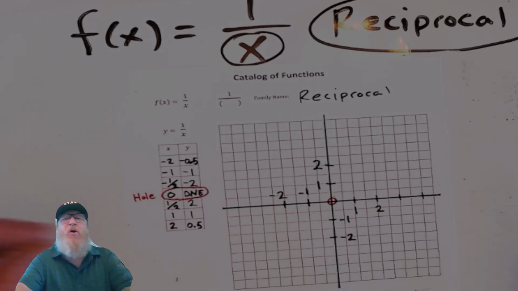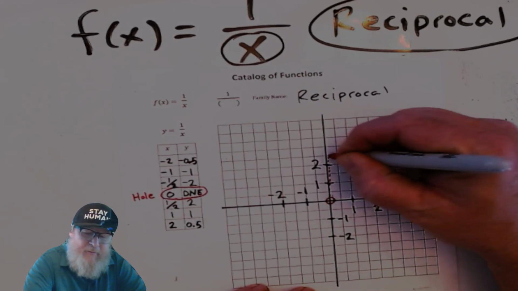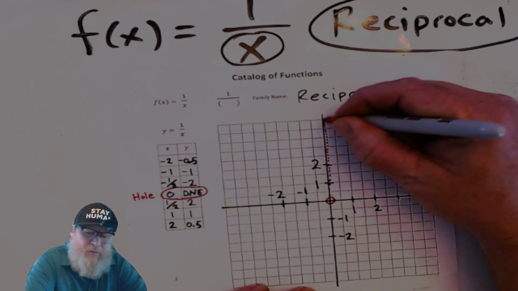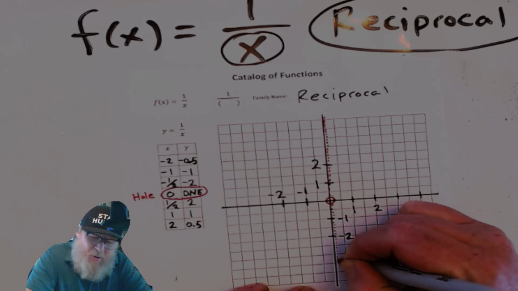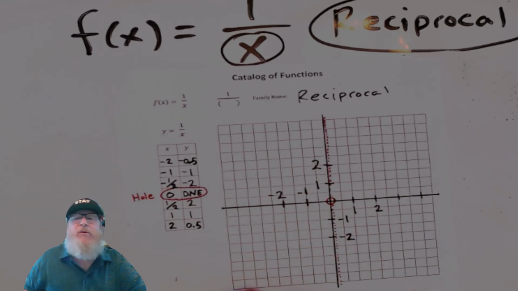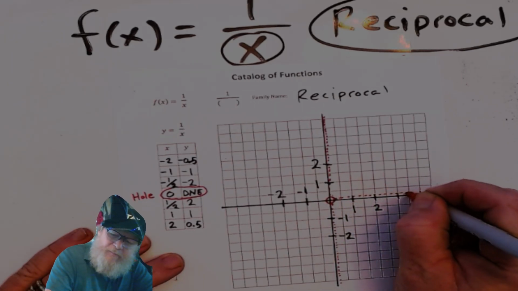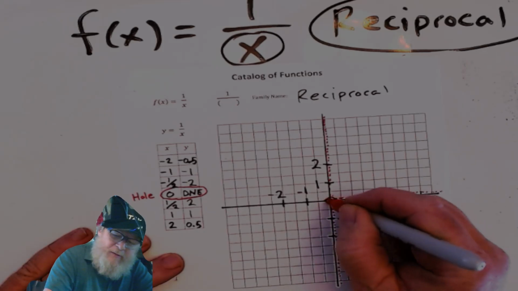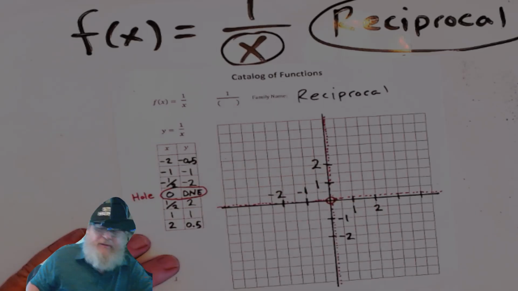And then that hole goes infinitely far in both directions. The way we represent an infinite hole or an infinite sequence of holes is with a dotted line. So we have 2 dotted lines.